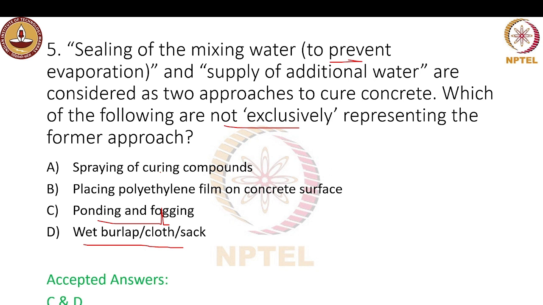There are different types of compounds they are using. Some powder they are mixing with water and spraying over the concrete surface. Exact chemicals I also don't know, but it's mostly some chemicals they are adding into the water. Some chemicals they are directly spraying if they are in liquid form. Something like that only.